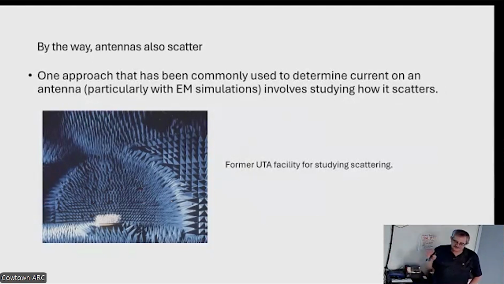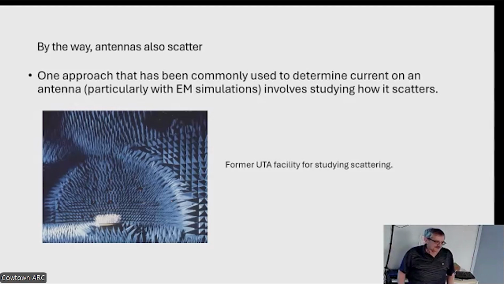That's an important thing to think about. When you're receiving a wave, what happens? A current is set up on the antenna. Well, the current set up on the antenna re-radiates. So you're not only collecting the energy from the wave, you're actually rebroadcasting it to some extent. Parasitic elements. Yeah, I guess you could call it that. The usual model we use for a battery is a voltage source in series with some kind of impedance.